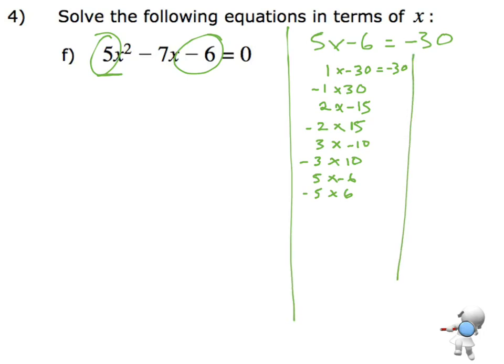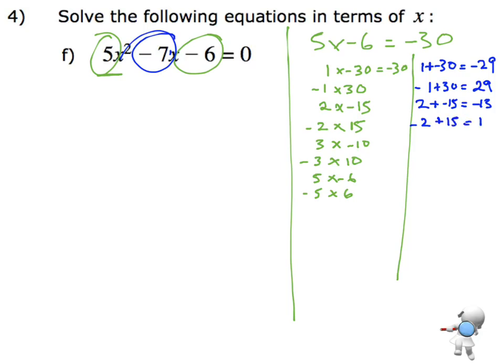What I now need to do is add these numbers together, and only one of these pairs will add together to give me that -7 that I have in the original equation. So if I do 1 plus -30, that's going to give me -29. -1 plus 30 will give me +29. 2 plus -15 will give me -13. -2 plus 15 gives +13. 3 plus -10 is -7.